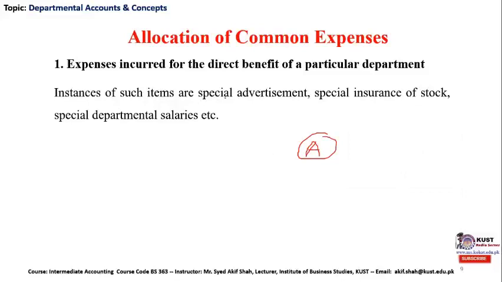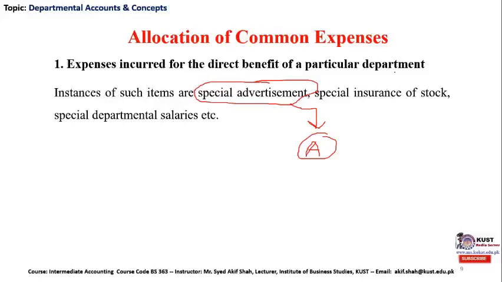What could be those kinds of expenses? Special advertisement which is specifically promoting the product of Department A. Therefore such advertisement expense must be allocated in Department A's profit and loss statement.